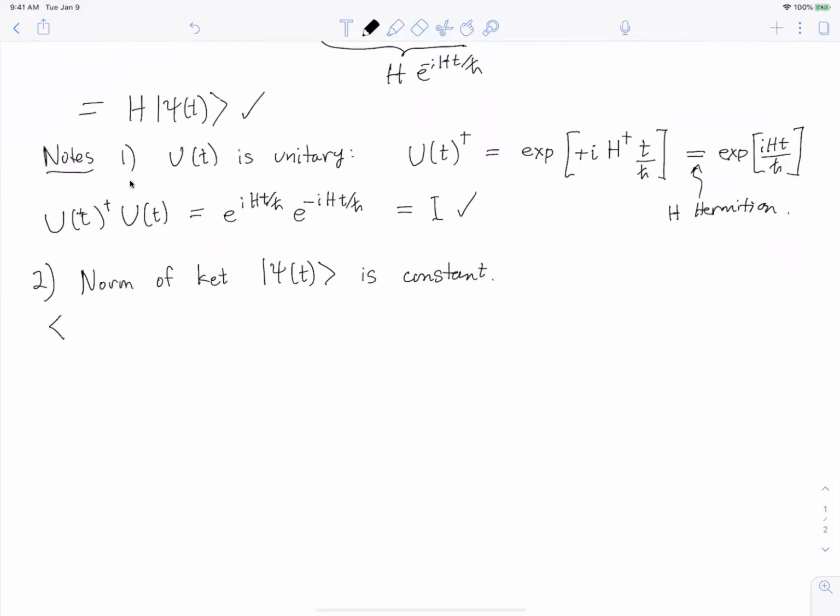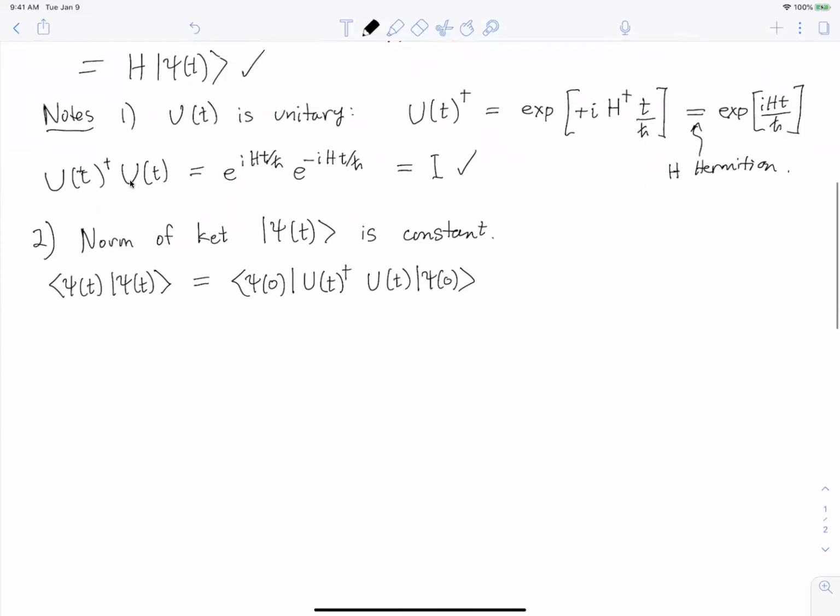Let's compute the norm squared of psi of t, and we're going to do it by just plugging in terms of the unitary operator U. So the bra psi of t is the bra psi of 0 times U(t) dagger, and the ket psi of t is U(t) times the ket psi of 0. Now we can use what we just proved, that U is unitary, to make that the identity operator. And so this is the bra psi of 0 times the ket psi of 0.